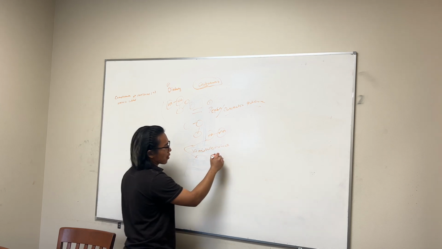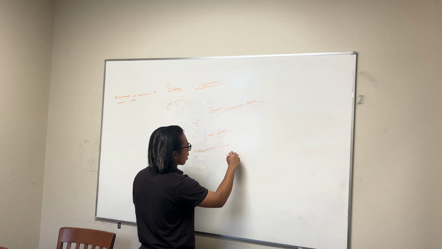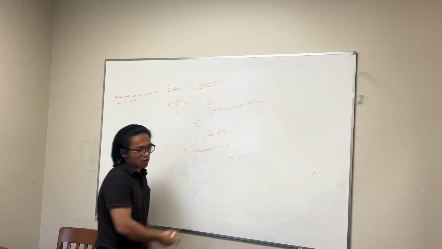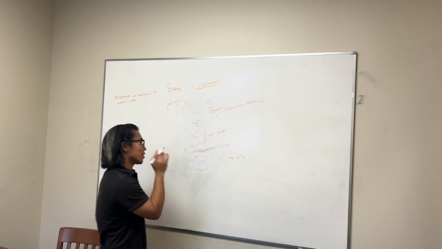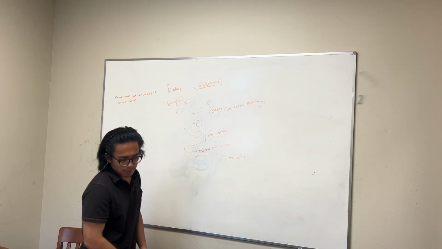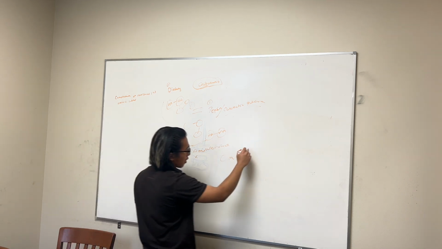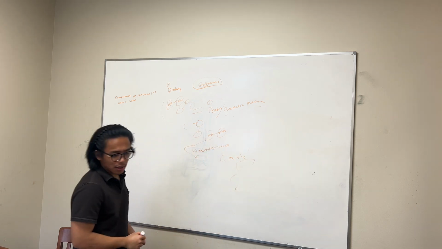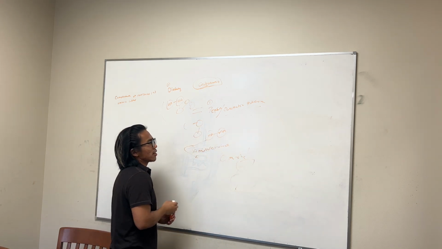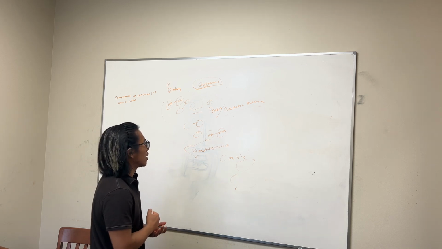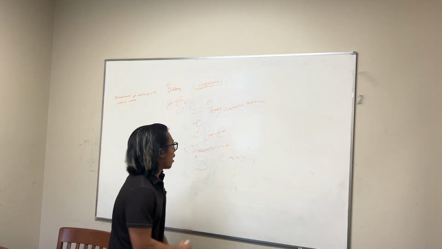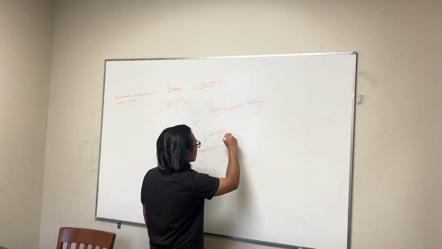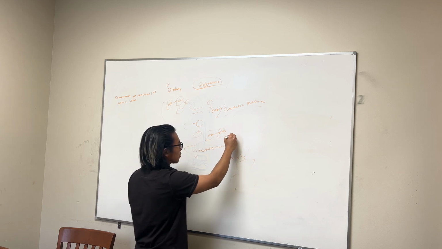Some will break apart into single amino acid molecules, but there will be sturdier, tougher ones that bypass the second phase of enzymes. And then this is where we enter secondary active transport.